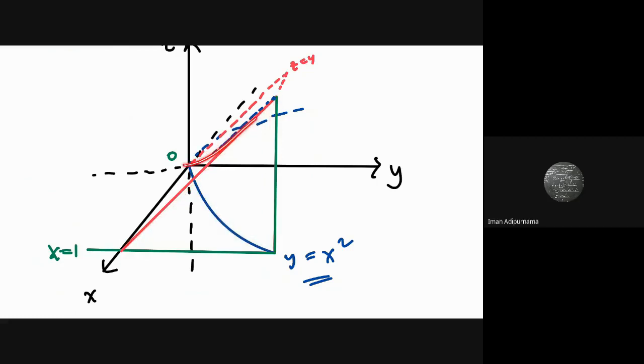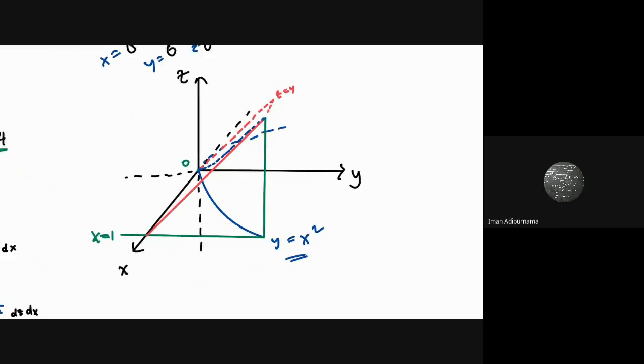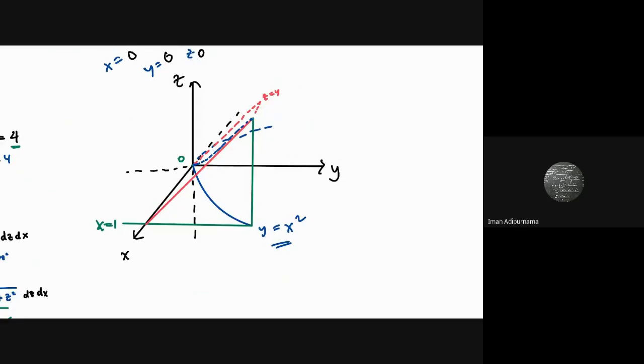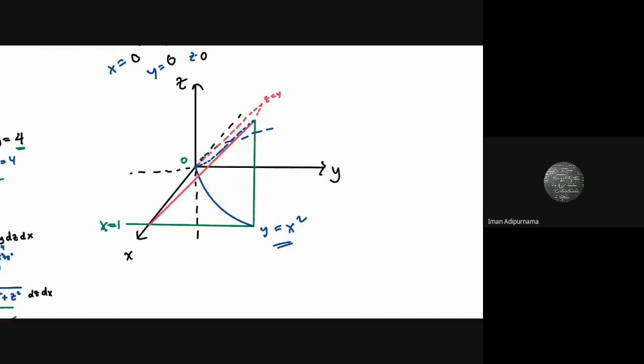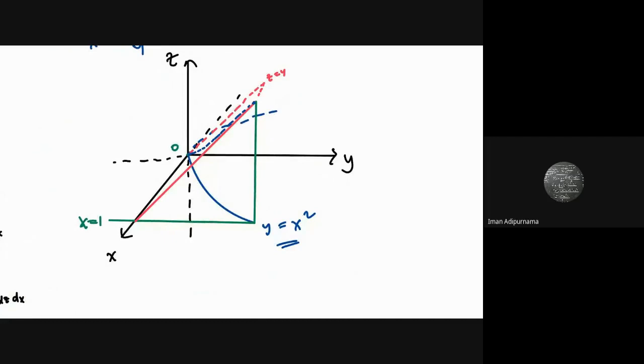So we make this and this. Okay. Now we have drawn it, let's say this is the E region.